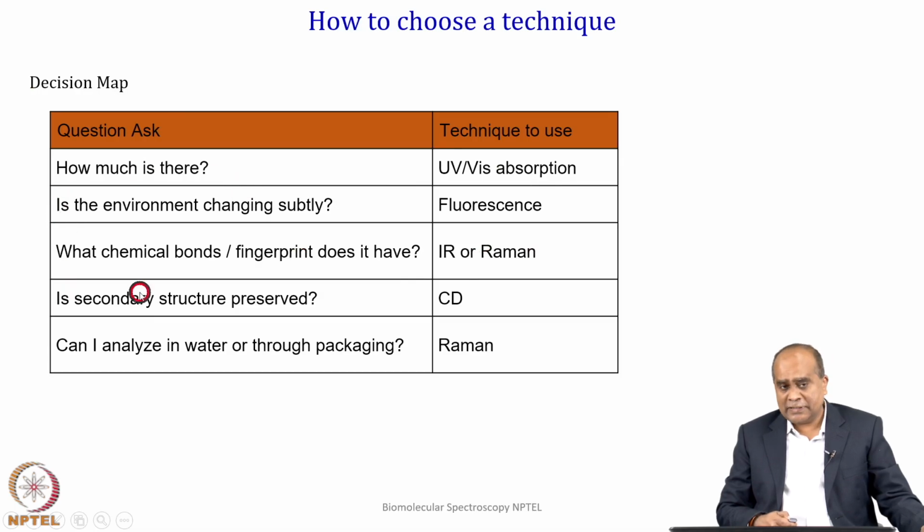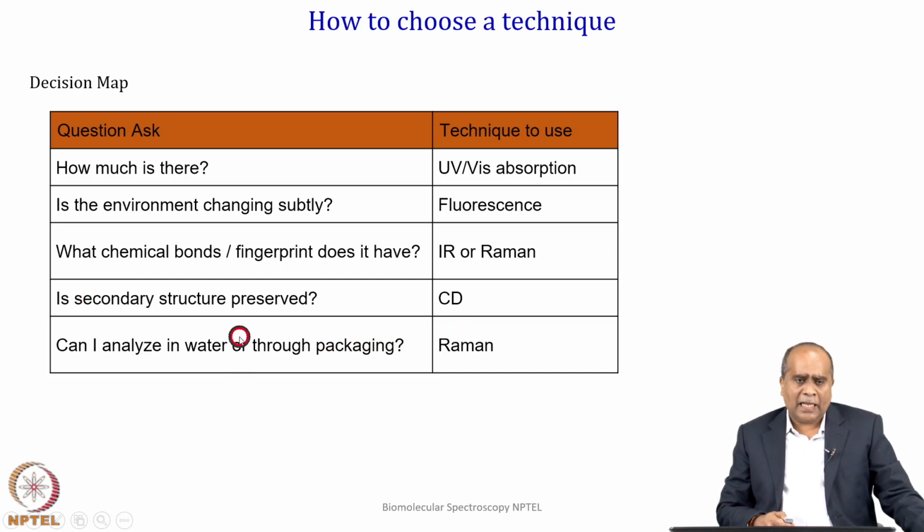If I want to understand chemical parameters, like a chemical bond or a fingerprint, the functional group, then Raman or IR is the better technique. If I have to understand the secondary structure, and we want to look at whether the secondary structure is preserved or not, then circular dichroism.